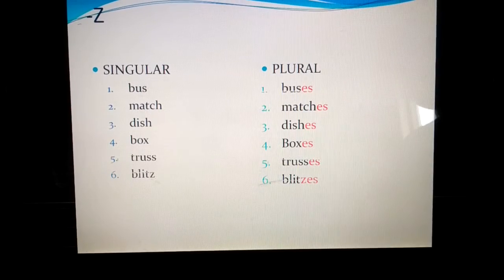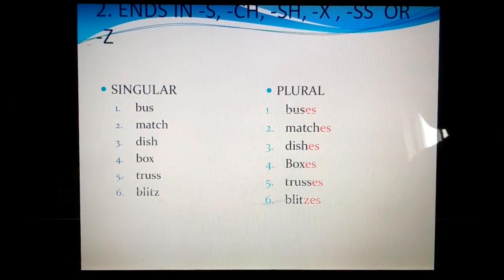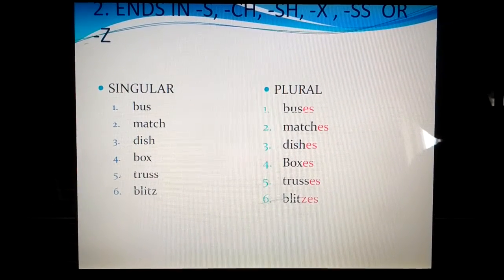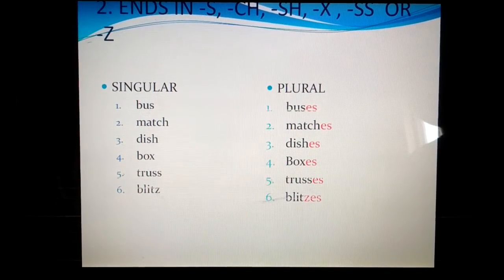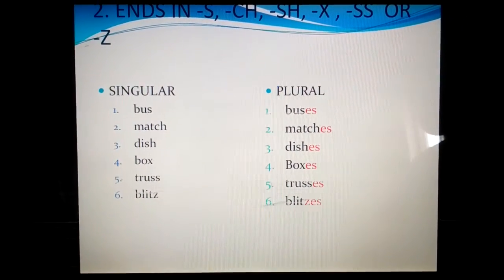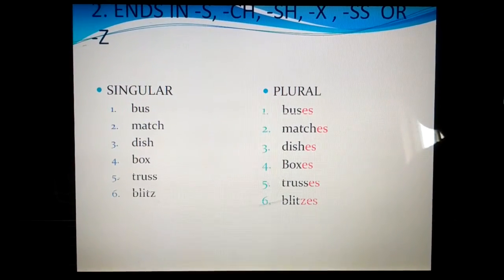Next rule: nouns that end in s, ch, sh, x, ss or z. In that case, we add es. For example, first, the noun ends in s. Look here, first example, bus.